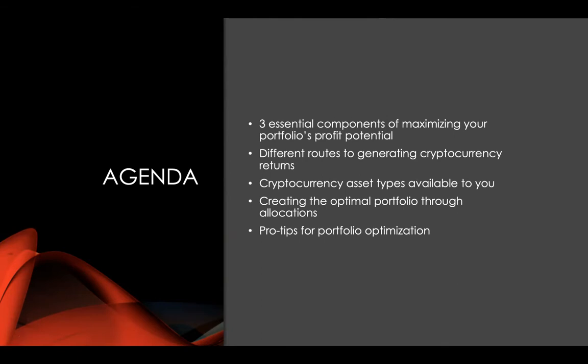There are also a ton of these as well, and I'll point you to a source where you can see all of the different asset types, because we won't have time to cover all of them, since there are over 40. Then we'll go into creating the optimal portfolio through different allocation percentages. And finally, we'll finish off with some of the pro tips that I have for you guys for portfolio optimization.